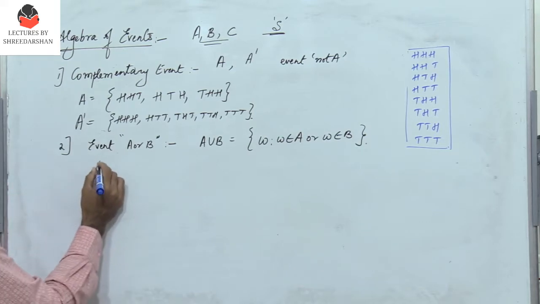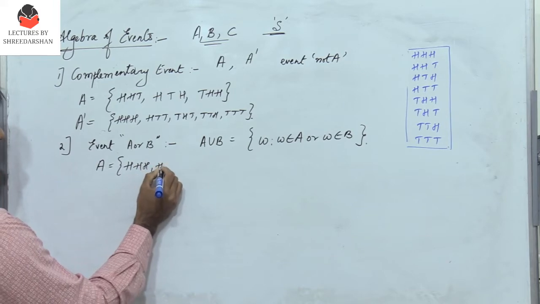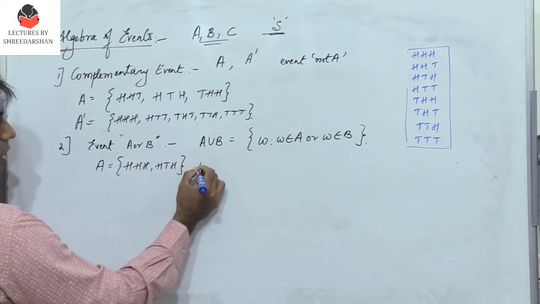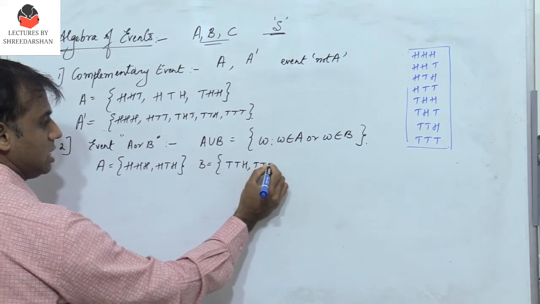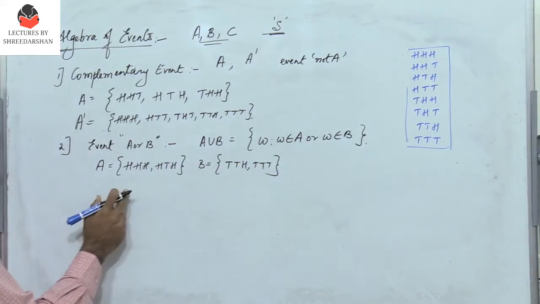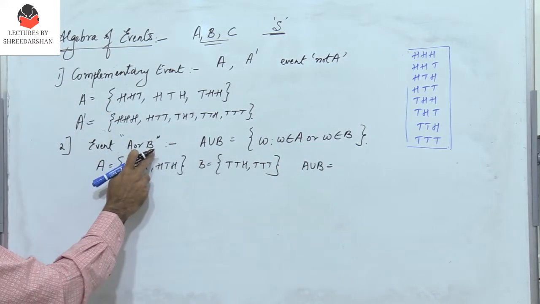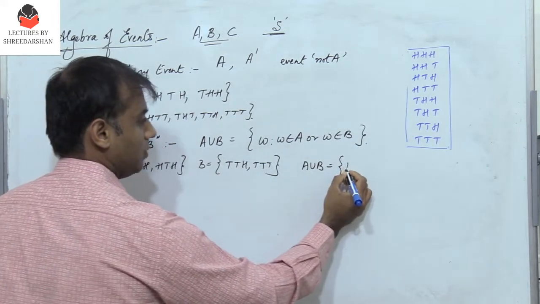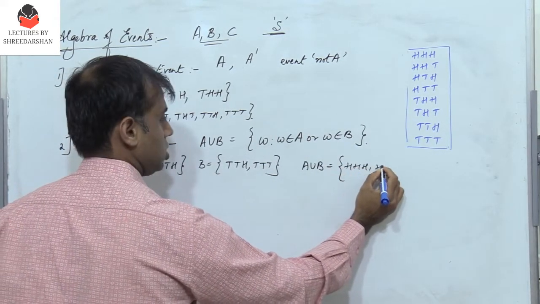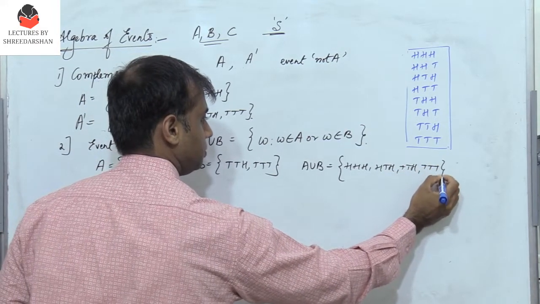For example, if A is HHH and HTH, and B is TTH and TTT, what is A union B? A union B, or A or B, is nothing but the combination of these two. That means you have HHH, HTH, TTH and TTT.